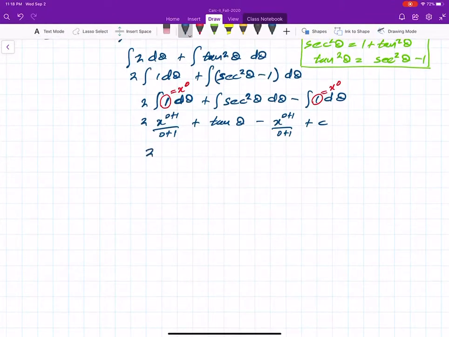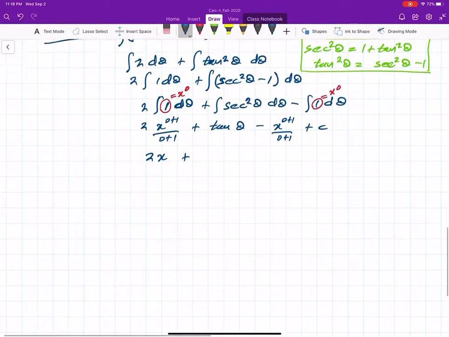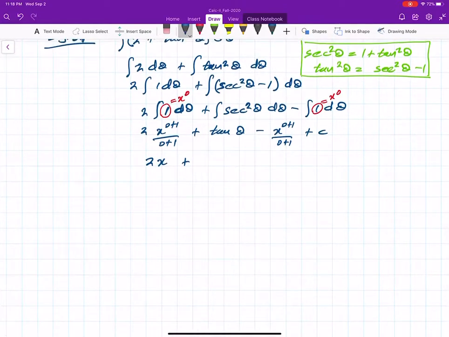All right, then this is 2x plus, I'm sorry, I made a mistake actually. The variable here is not x, the variable here is theta. I put x in these two places. That's wrong. The variable is theta. So let me correct them. This is not x, that is not x.